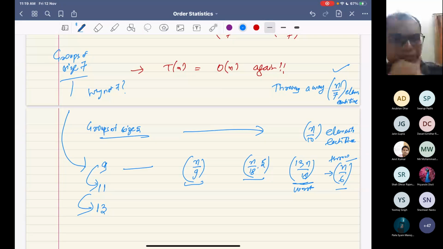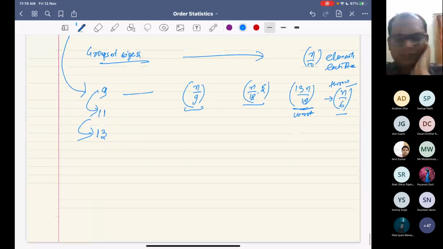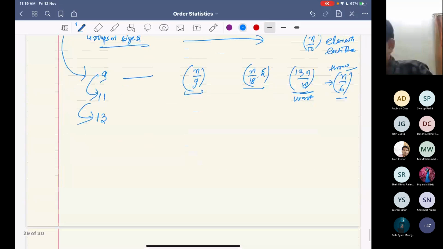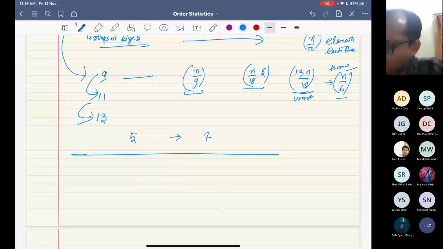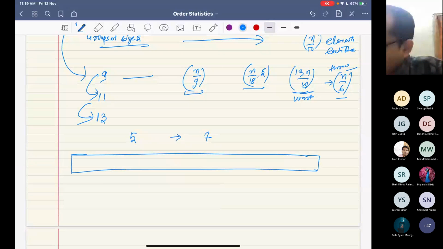What is the issue? The complexity will increase. The time taken will increase. Which complexity? The constant in order n will increase. So what changes as you go from 5 to 7? What changes is that you have to make groups.